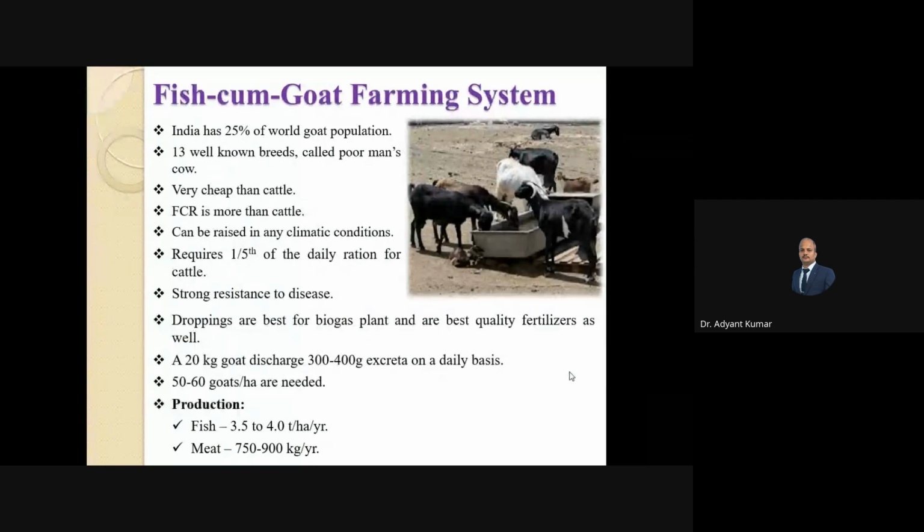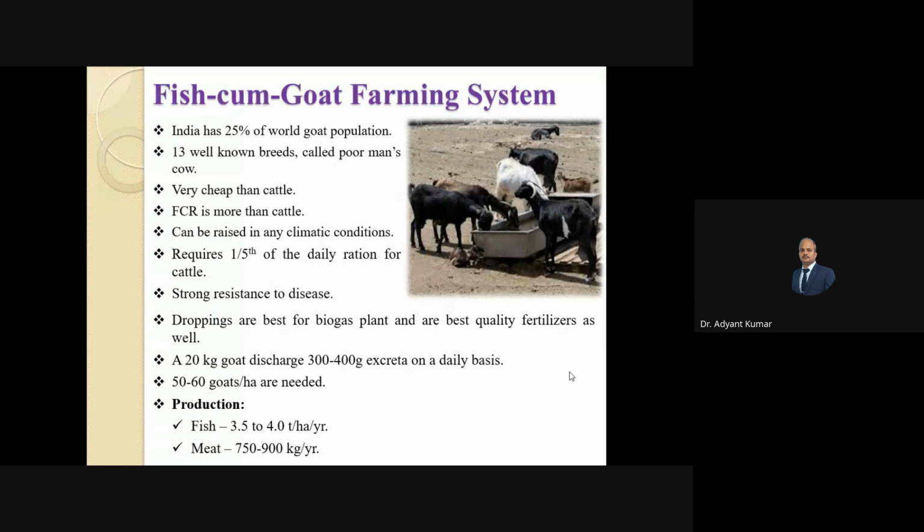India has the world's largest goat population, and about 1/4 of the world's goat population resides in India. There are 13 well-known breeds of goat. These goats are also known as poor man's cow, and they are much cheaper than cattle.